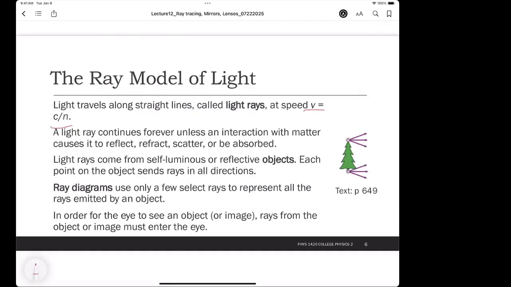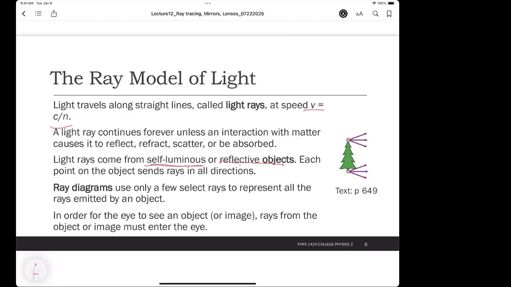Light rays come from self-luminous or reflective objects. We talked about what self-luminous and reflective objects are. For self-luminous objects, there are different kinds, like the point source and the extended light source. You can review them.